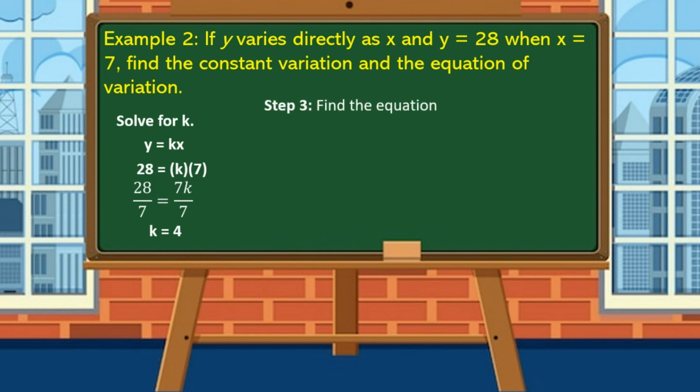Step number 3. Find the equation. We have y is equal to kx. Y is equal to 4x since k is equal to 4. Therefore, the equation of variation is y is equal to 4x.